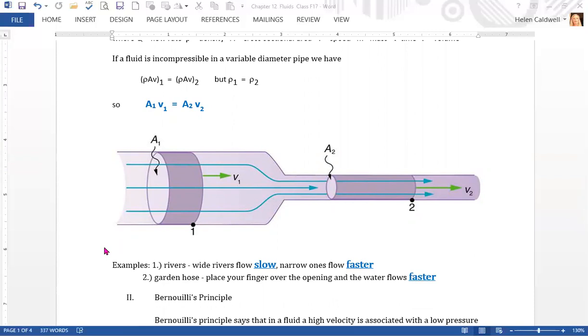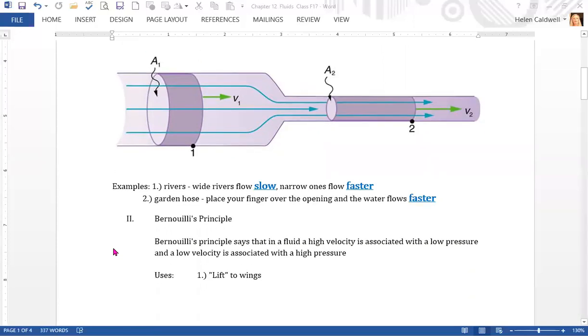Or if you've been rafting or canoeing, when a river narrows down, maybe there are some rocks in the water and it narrows the river, the water flows faster because the cross-sectional area has been reduced. So narrow the opening, it will increase the velocity. Enlarge the opening, it will decrease the velocity.